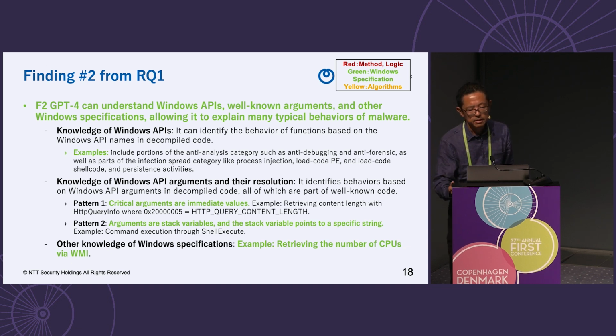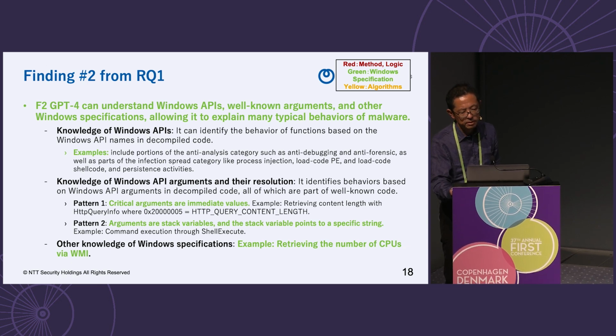The second one is knowledge of API arguments and how they are resolved. This focuses on how arguments are used in the code to infer intent. There are two patterns. In pattern 1, a critical argument appears as an immediate value. For example, calling HttpQueryInfo with 260.5 clearly shows it's trying to get the content length.